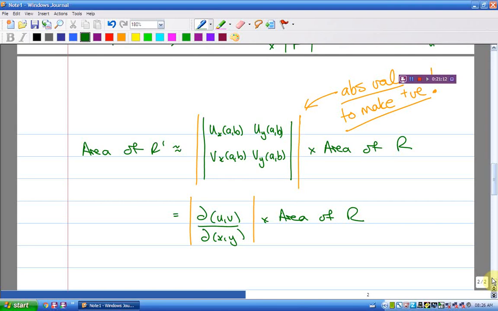Well, area of R dash is approximately equal to that thing on the left, but that thing on the left is identically equal to the thing below it, therefore it's proper equal signs. That's the way the equal signs work. A equals B equals C, so it's B equals C. But if you have to represent that as the area of R dash, it will still be an approximation.